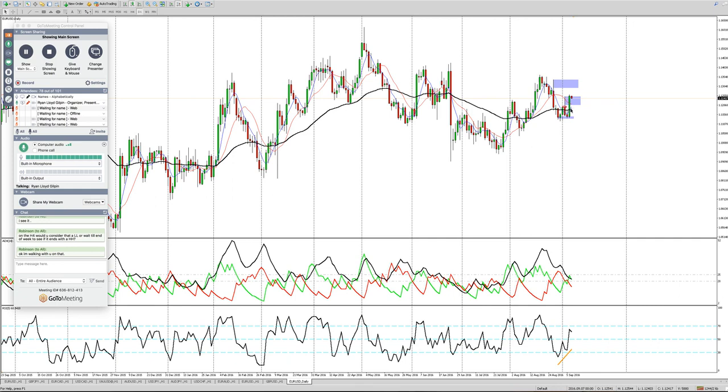So for this blue to cross over this red, price will come down, grab it, and pull it right back up. Are you following me with that? It's going to grab the blue, price is going to come down, grab it, retest this area, and pull it up.